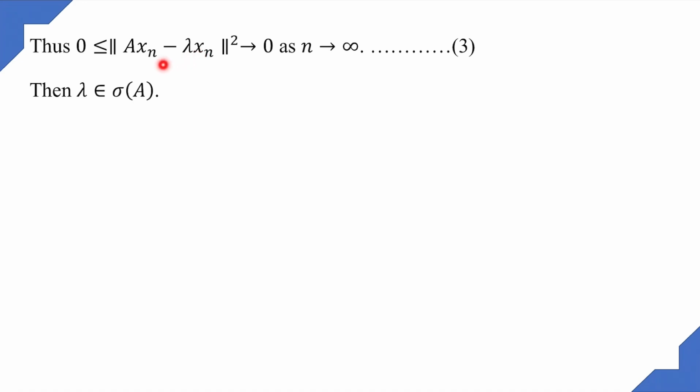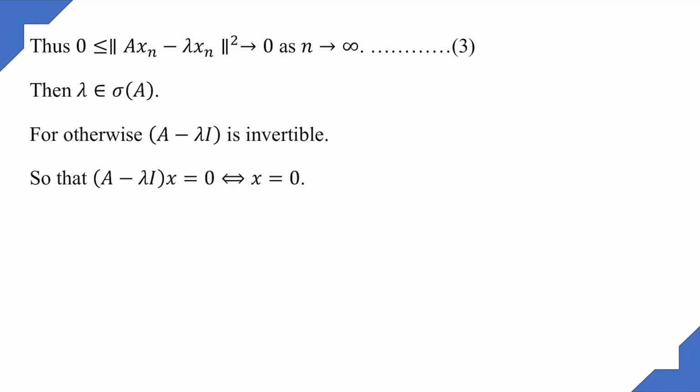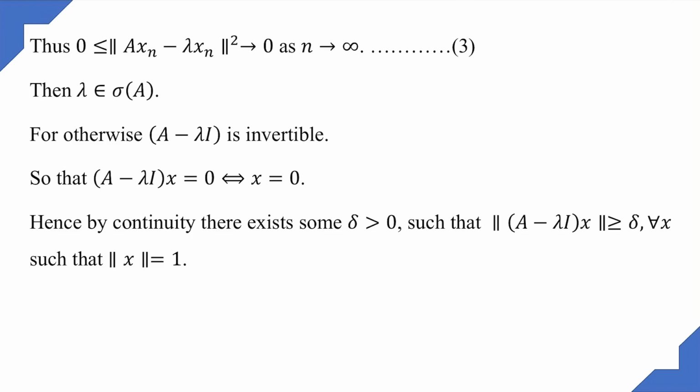Now lambda must be an element of the spectrum of A, because if lambda is not in the spectrum of A, then A minus lambda I is an invertible operator, and so (A minus lambda I) of x equals 0 only when x is equal to 0. And by continuity, these are all bounded linear operators, meaning they are all continuous linear operators, there exists some delta greater than 0 such that norm of (A minus lambda I) x is greater than or equal to delta for every x such that norm x is equal to 1.